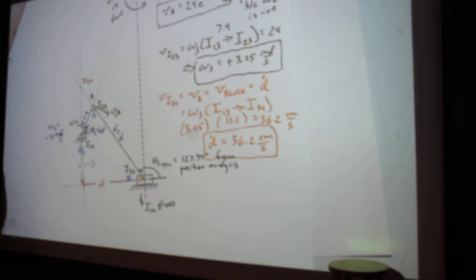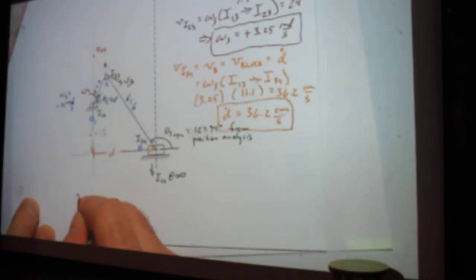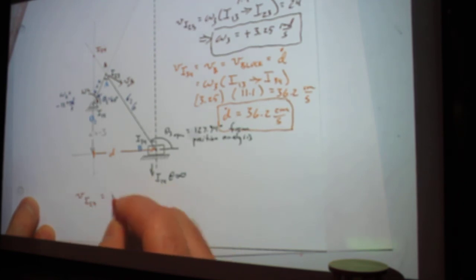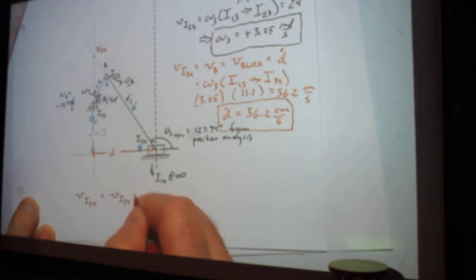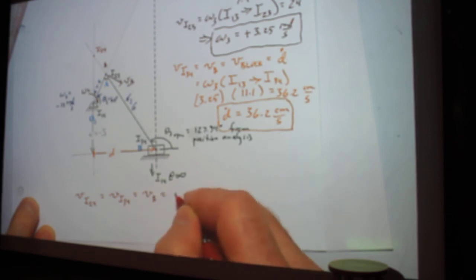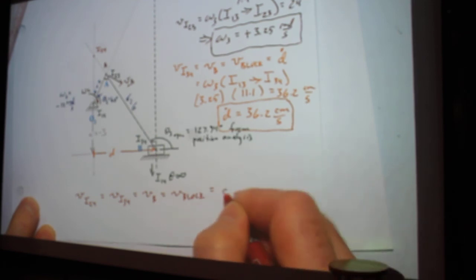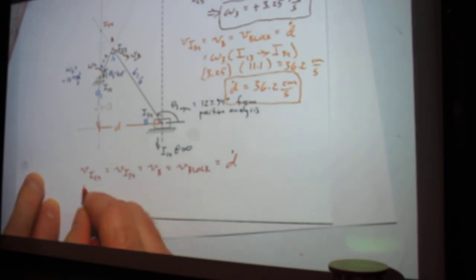So let me show you something else here. You can also look at the velocity of I-24, which is equal to the velocity of I-34, which equals the velocity of B, which equals the velocity of the block, which equals d dot. Okay? So let's first do this here.